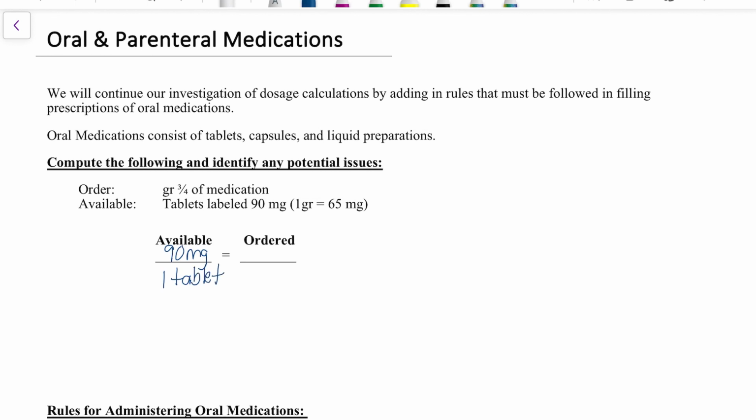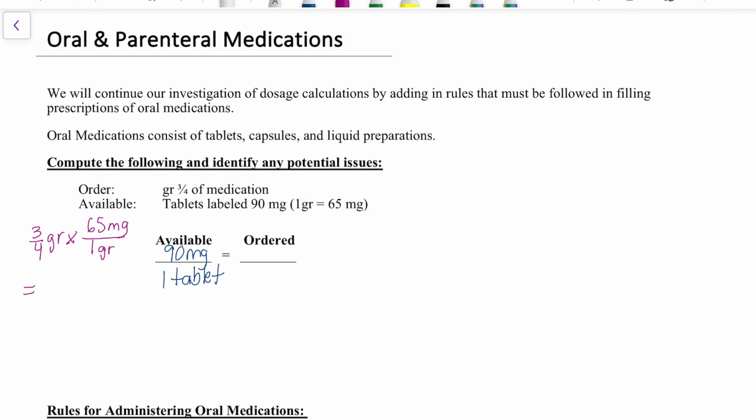Now we can't put the 3/4 grain in there yet because we need them to be the same unit, and generally we like to convert them to the unit of what we have available. So we're going to take the 3/4 grain, and I'm going to use dimensional analysis and our conversion rate. I'm putting the 1 grain on the bottom and the 65 milligrams on top.